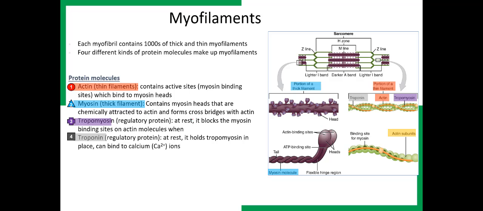Again, the actin or thin filament contains these myosin binding sites or active sites that bind to the myosin heads. The tropomyosin blocks the myosin binding sites on actin, and the troponin regulatory protein helps to lock the tropomyosin in place.